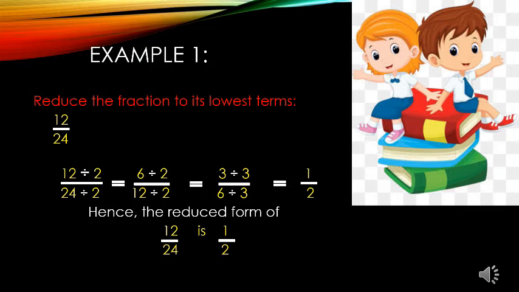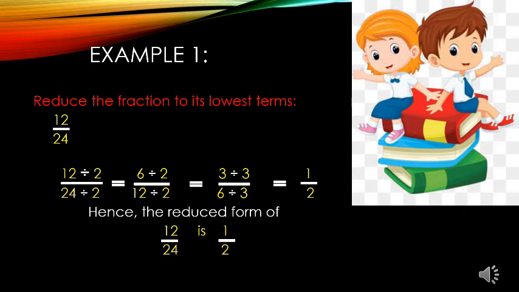Now again, we must think of a number that divides both the numerator and the denominator, that is 6 and 12, by the same number. So, the number that divides both 6 and 12 is 2.